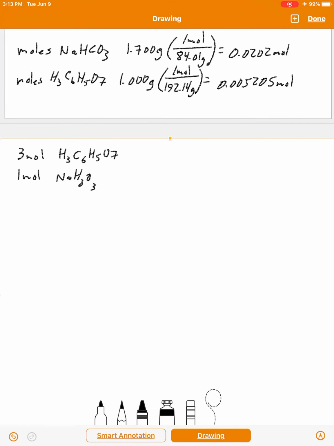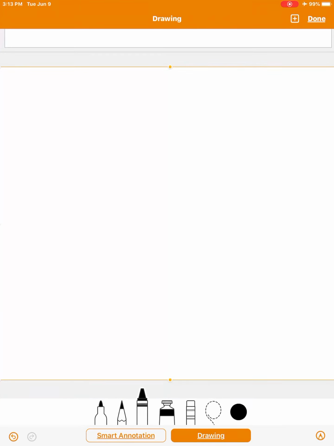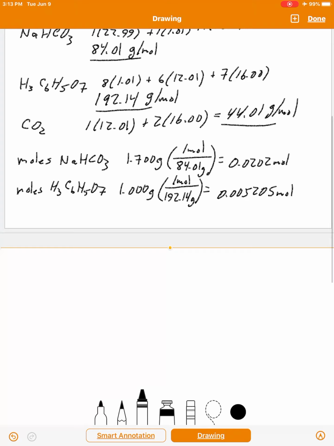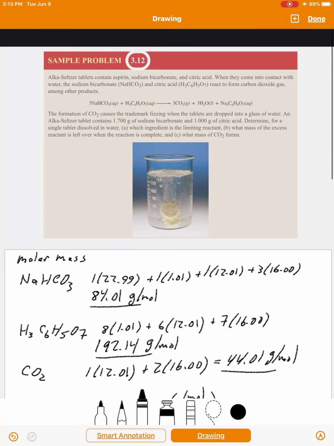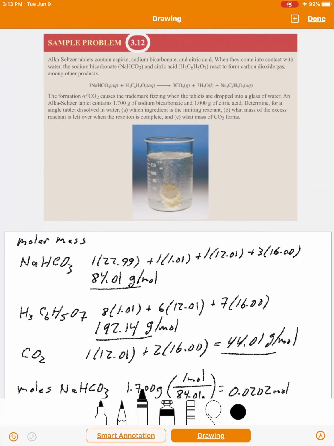My apologies. Let me get rid of that mistake. It's 3 moles of sodium bicarbonate for every 1 mole citric acid. And then for carbon dioxide, it's 3 moles, 3 moles CO2.